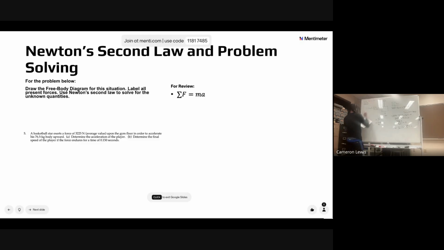Time, mass, and force. And our unknown we're trying to find is the final velocity. The question says final speed. So the unknown is final speed.